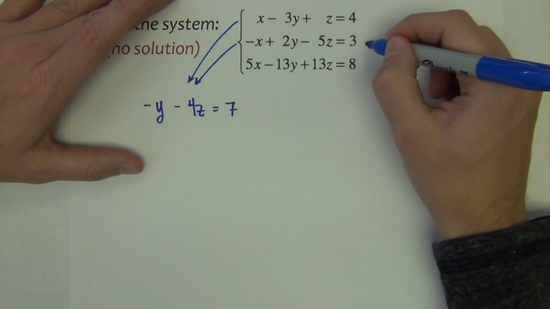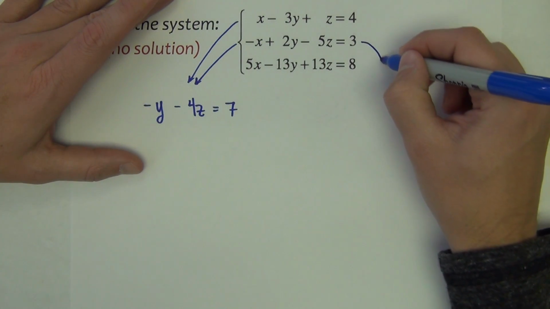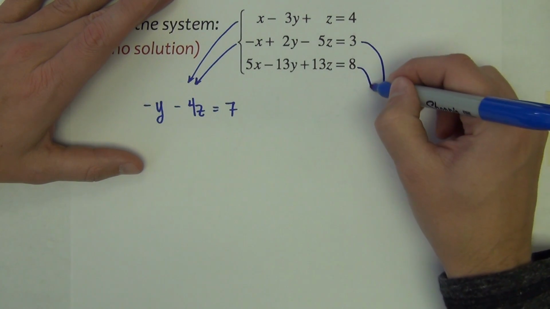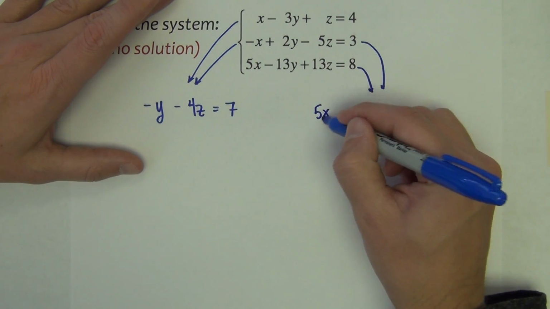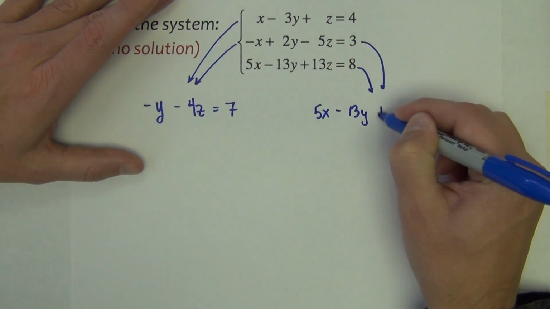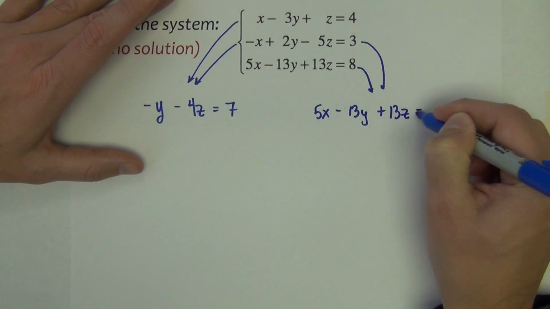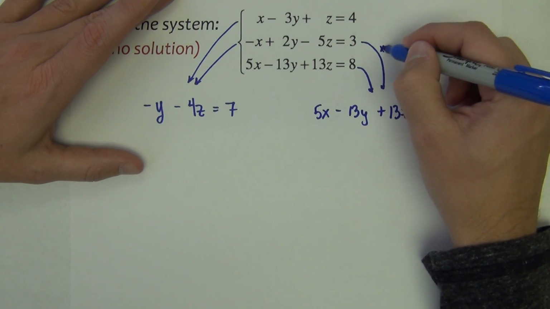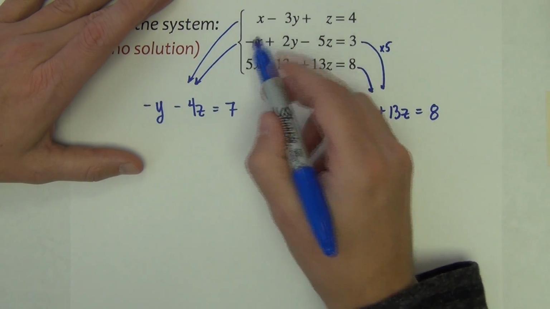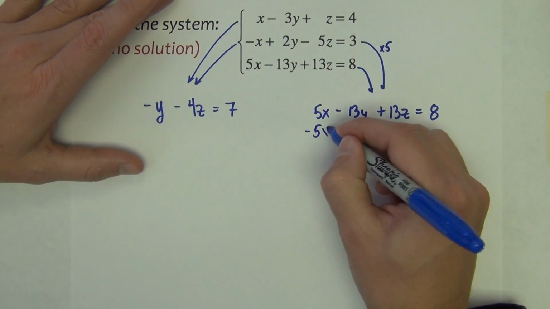Well, since I've canceled out the x's, I need to cancel out the x's again. And to do that, I find it easiest to use the bottom 2 equations here. The bottom equation's got that 5x, so the middle equation would have to have a negative 5x. And if I take it times 5, I'm going to get negative 5x.